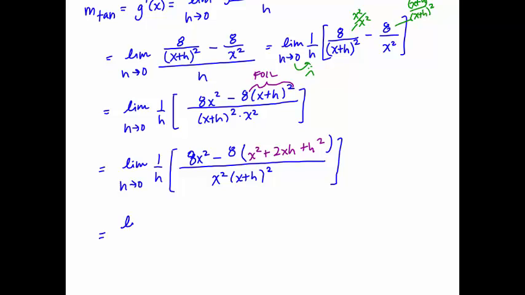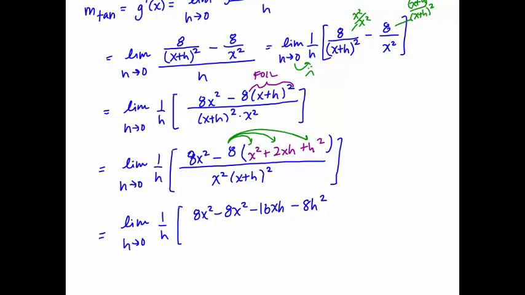So that's the limit as h approaches 0 of 1 over h times 8x squared minus 8x squared minus 16xh minus 8h squared. That's from the distribution of negative 8 over these three terms that came from the FOIL. And all of that will be divided by x squared times x plus h squared.